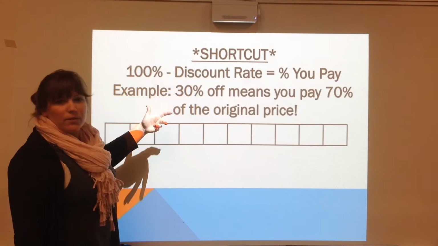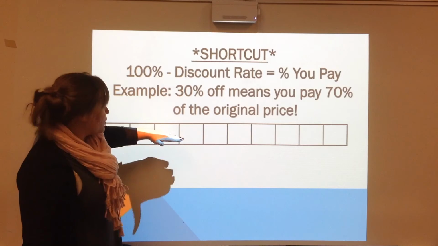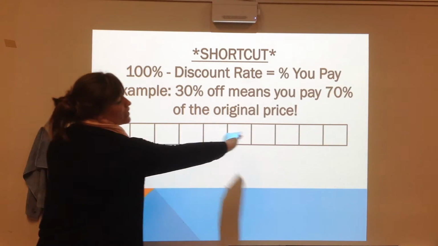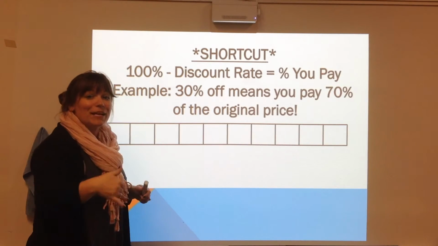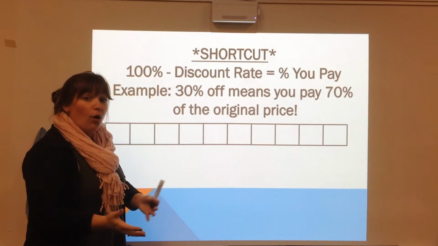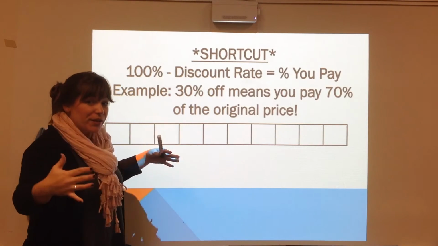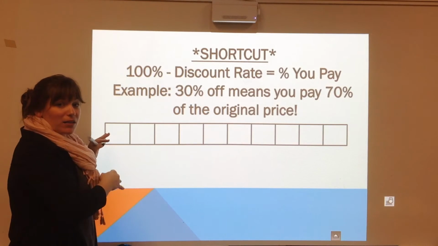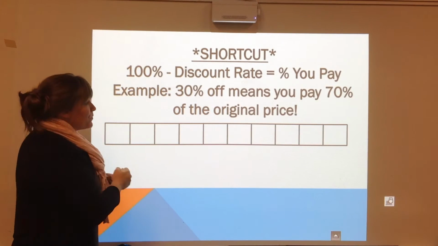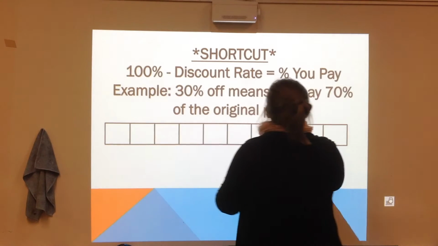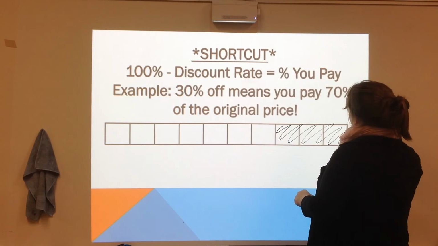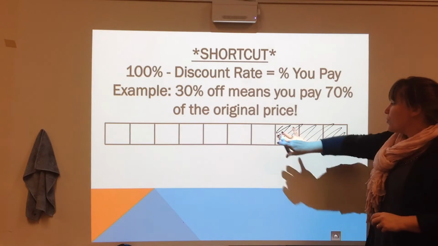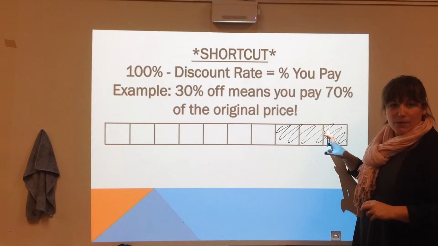And I have an example of this right underneath that. So this is kind of flipped in your notebook. So sorry, I'm going to jump down here. Here are 10 boxes representing 10% of a whole. So there's 100% represented for this entire box, but it's broken up into 10 pieces. Because if you are going to have something that is 30% off, you don't have to pay that amount.